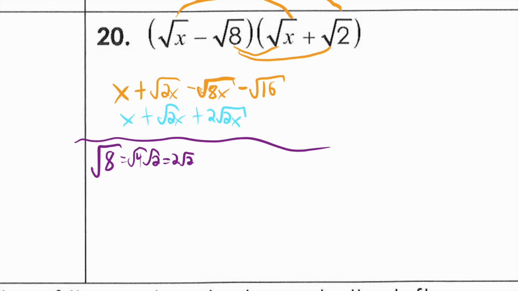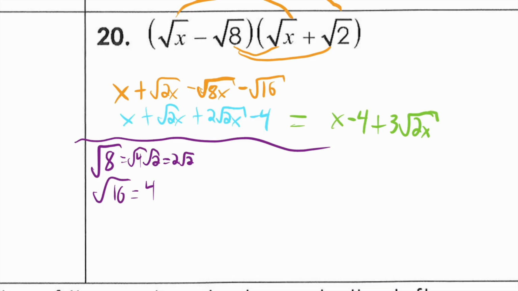And then let me simplify the square root of 16, which is, oh, silly me, that's just 4. So I can't combine the 4 with anything, but I can combine these. So I'll go ahead and do so. And so I end up getting x minus 4 plus 3 times the square root of 2x.